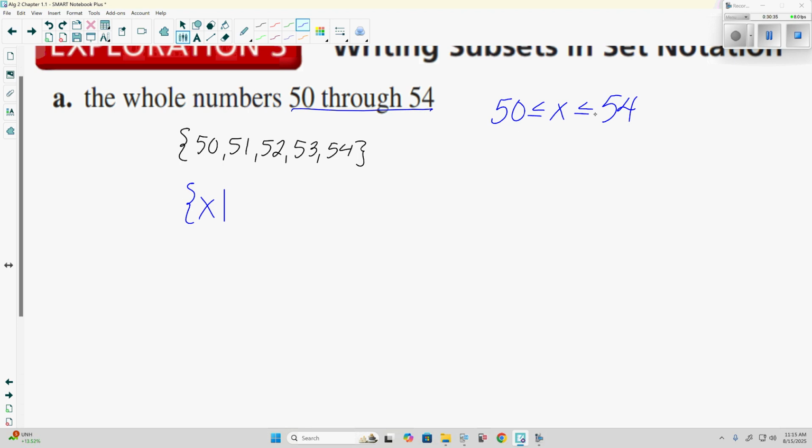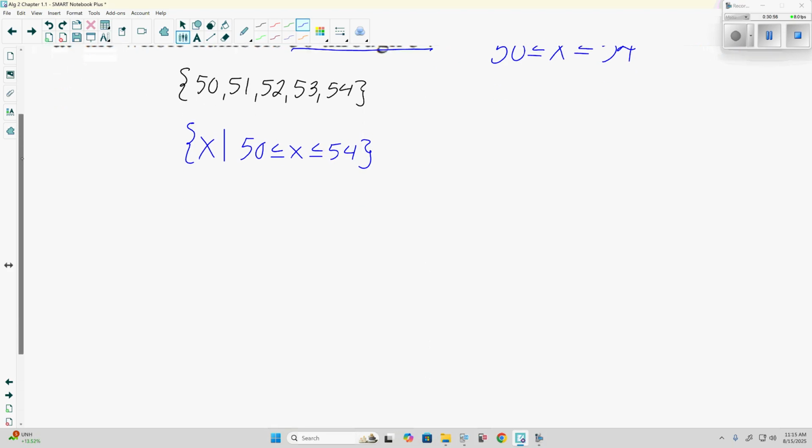Okay. And then we would just say, and that's it there. We just turn it into an inequality and throw it in there. Could we use that for this question? Yeah. So it'd be the same answer.